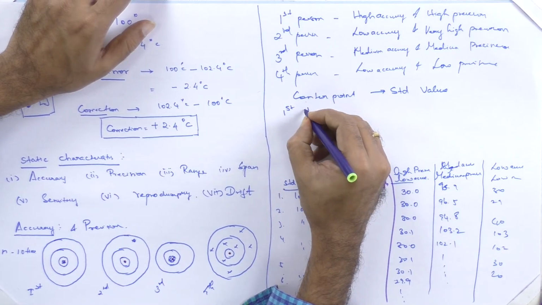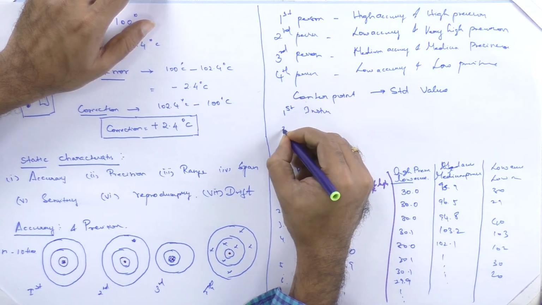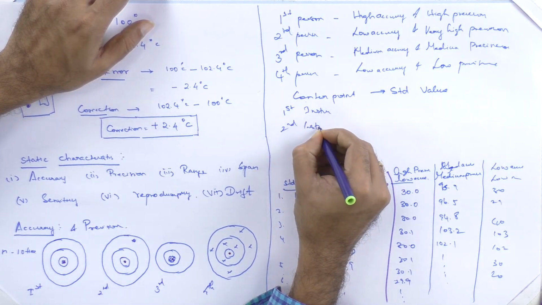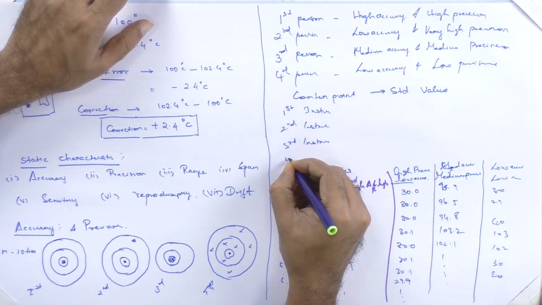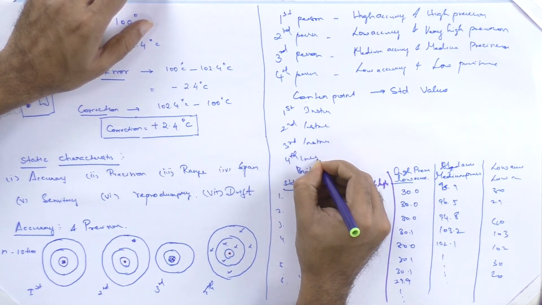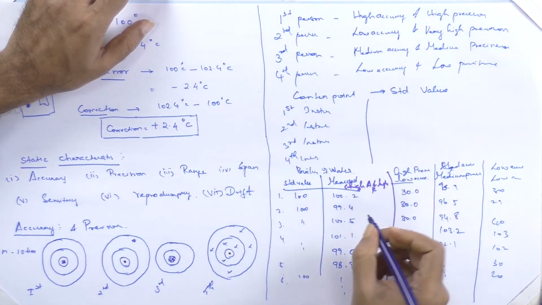The reproducibility over those 10 times. However many times you take it, how well it reproduces itself, that is the precision. Okay, first instrument, second instrument, third instrument, and the fourth instrument. We have marked all those things here.